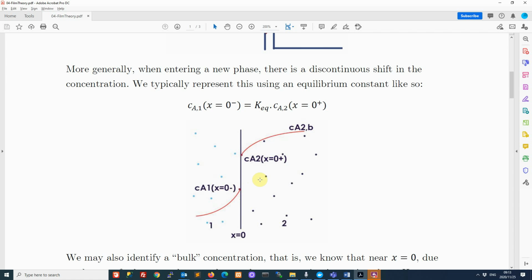This is just due to the other phase being able to pack component A in a different way. So in this gas phase here, the molecules of A are packed in a certain density, and then in this other phase, component A can only pack in a certain density. So there's a difference in the densities or the concentrations that can ever be achieved in the other phase. So this is only about that.